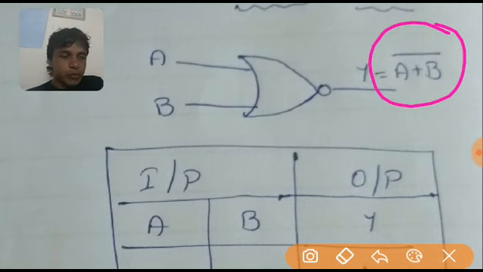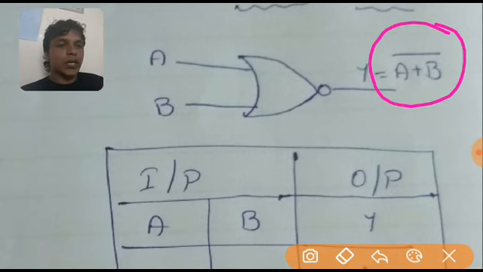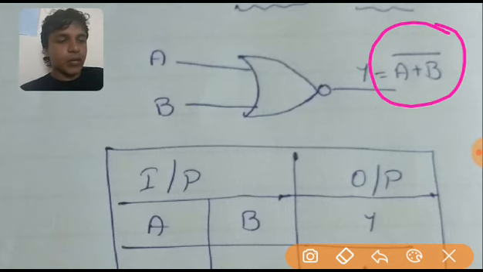That is, when the switch A or B is in on position, the bulb does not glow. Whereas in OR, when any one of the switches A or B is in on position, the bulb glows. Here, when the switch A or B is in on position, the bulb does not glow. We will not be receiving the output.